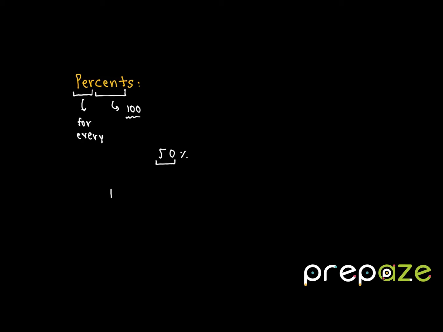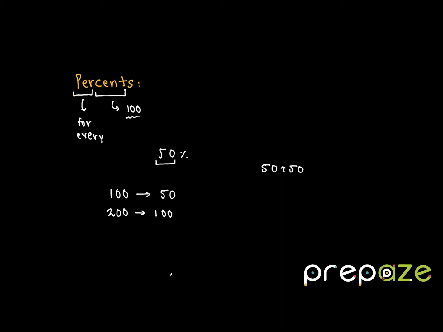So if I have 100 books, and let's say that Juan is buying 50% of that group of books, for every 100 books, he would be buying 50 books. So if he bought 200 books, that's two groups of 100. So 50 plus 50 would equal 100.